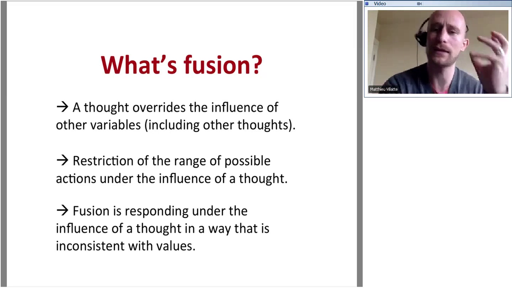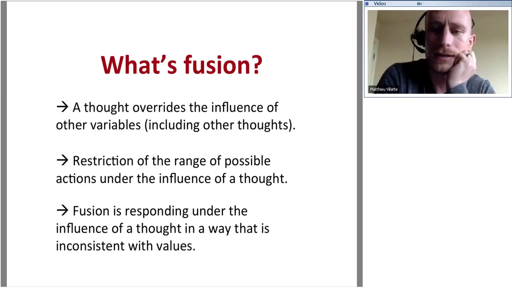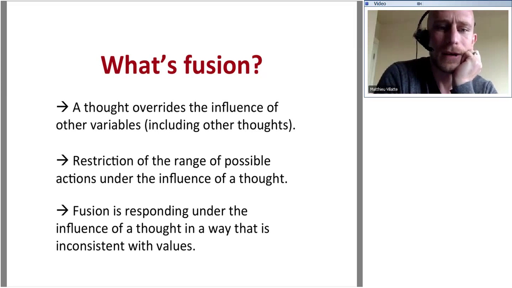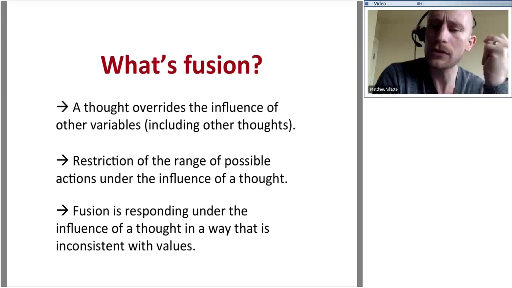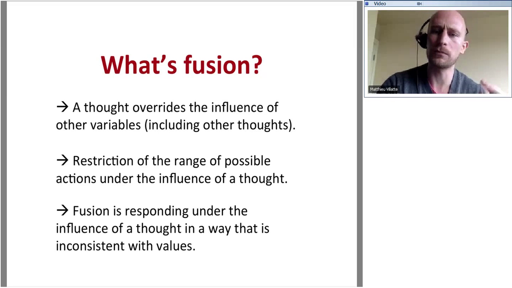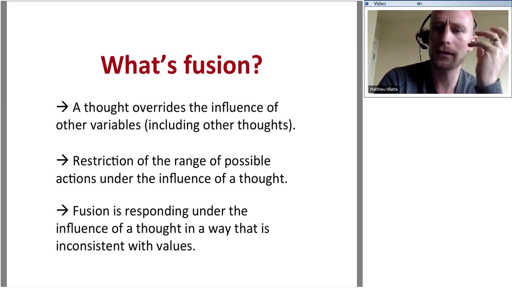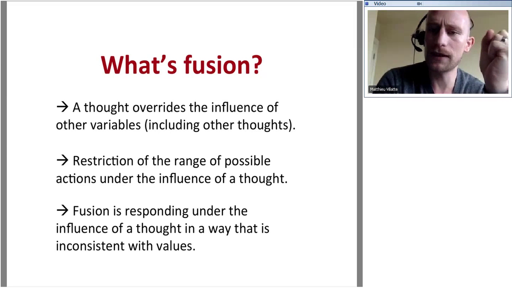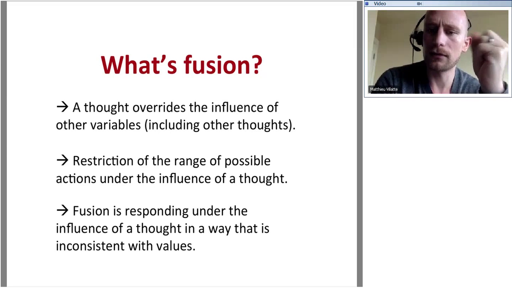Okay, so that's an aspect, the idea that the thought overrides the influence of other variables. Another aspect in fusion is this idea that the range of possible actions is restricted. So there's a loss of flexibility. The range of things that I can do in presence of these thoughts is limited.